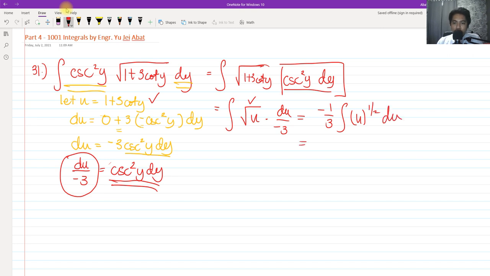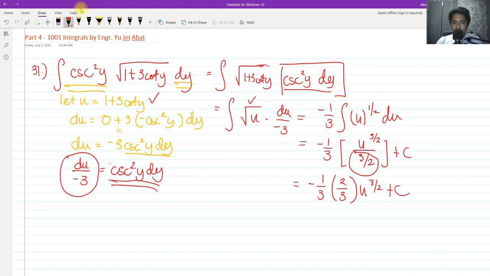So this is a simple power formula. We have u raised to 1/2 plus 1 becomes 3/2, all over 3/2, and then we have plus c in here. Simplifying, I'm going to get the reciprocal of this. So we have negative 1/3 times 2/3 u raised to 3/2 plus c.